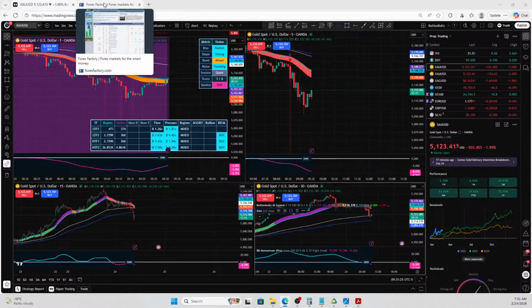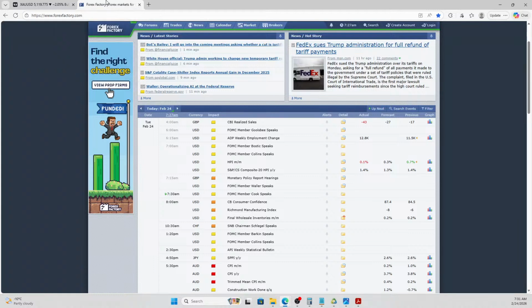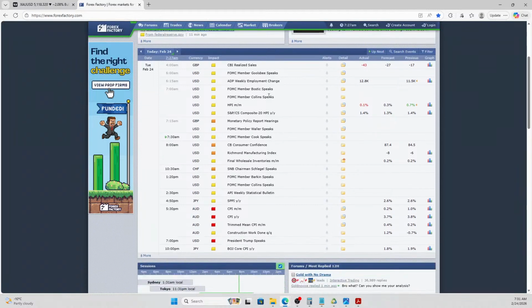Let's look at Forex Factory. This is something I want you guys to look at every single day before you start trading, because as a trader, we want to know how good volatility is in the market. The higher the volatility, the easier it is for us to trade. So if we look at today, it's the 24th, and we see we have one orange news here, another orange news right here, and then another orange news right here.